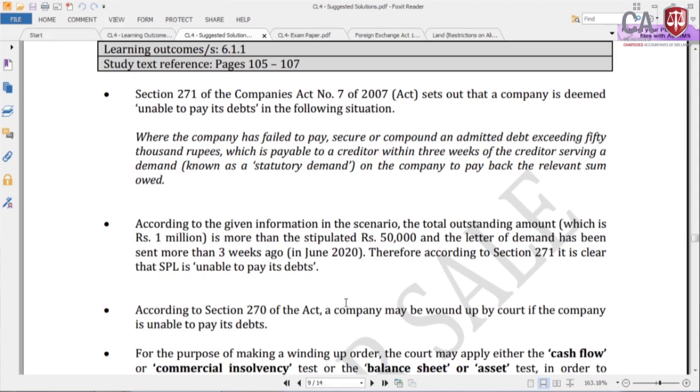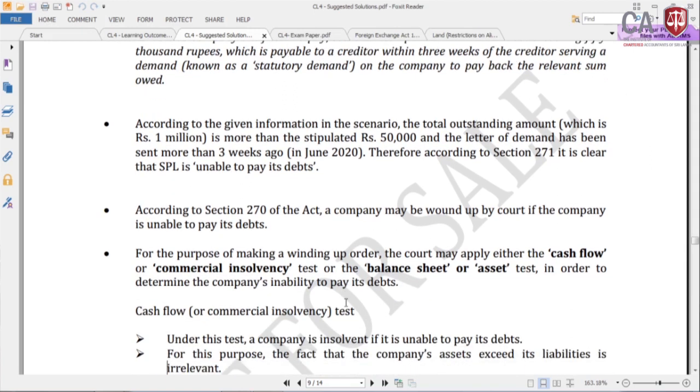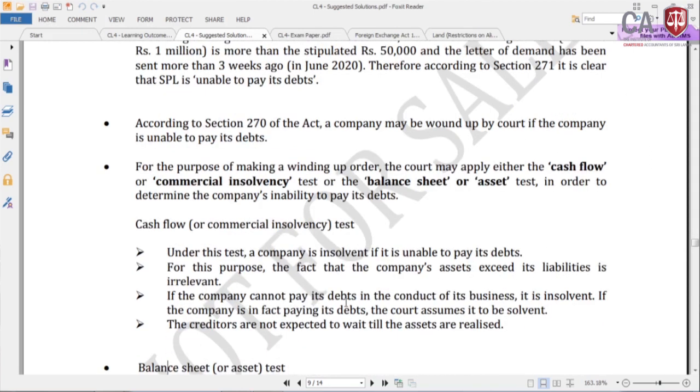It is now established. Then, according to section 270 of the Act, a company may be wound up by the court if the company is unable to pay its debts. For the purpose of making a winding up order, the court may apply either the cash flow test or commercial insolvency test, or the balance sheet or asset test, in order to determine the company's inability to pay its debts.